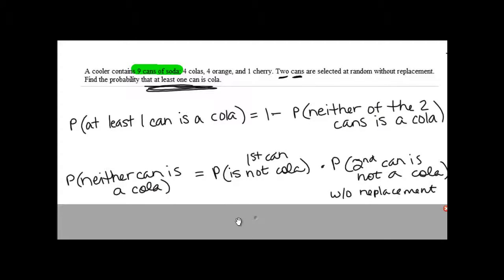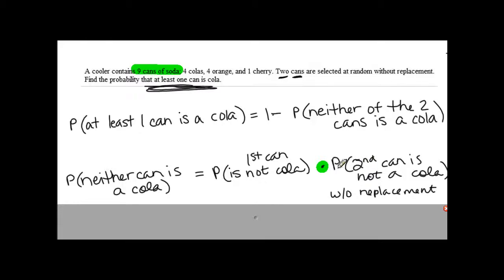subtract it from 1. But the way I would find that would be the probability that the first can that we select is not a cola, and we'll multiply that. This is an AND problem at this point. The probability of this first event, and it's a compound event with the first can being drawn and the second one being, well, I'll say drawn, selected.